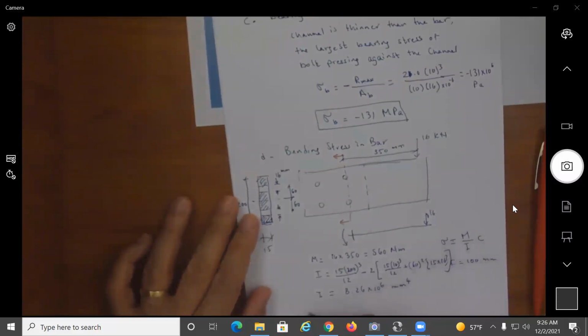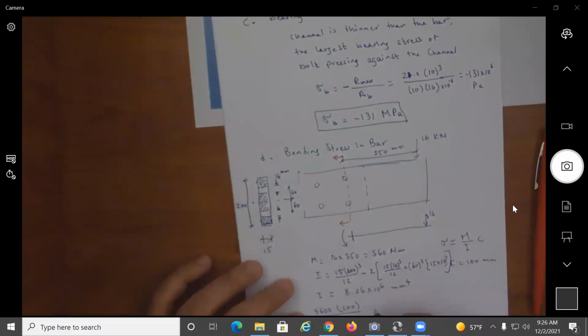So I solve for sigma, and sigma will be equal to this 5,600 multiplied by C, which is 100, divided by 8.26 times 10 to the power 6.